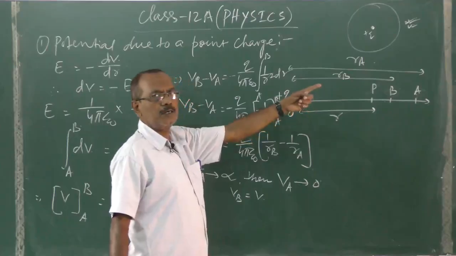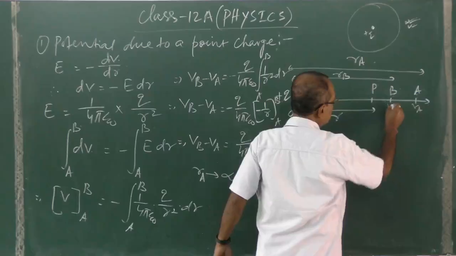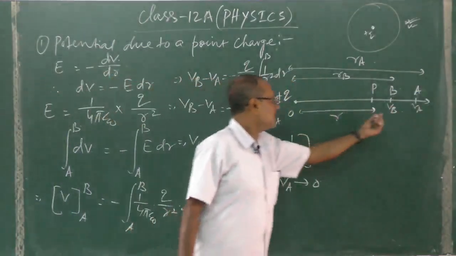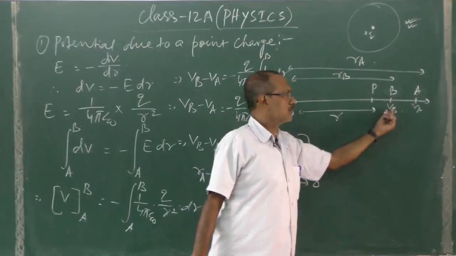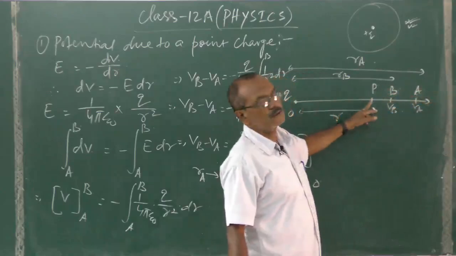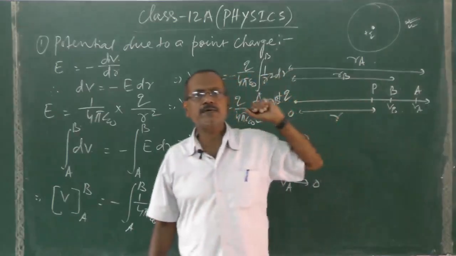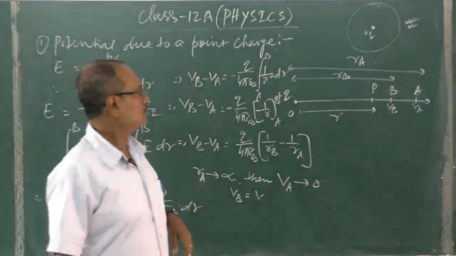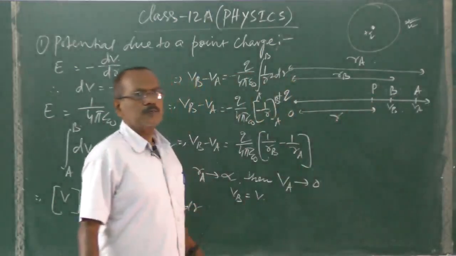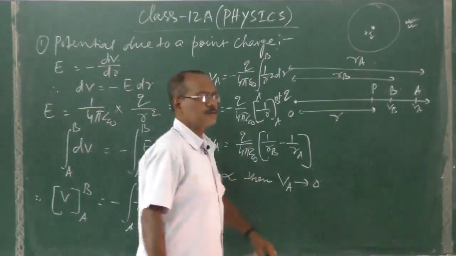So VA will be 0, because the potential at A is VA and the potential at B is VB. Now we are bringing the charge from infinity directly to the point P. So B will be at P, and the potential at P will be V.